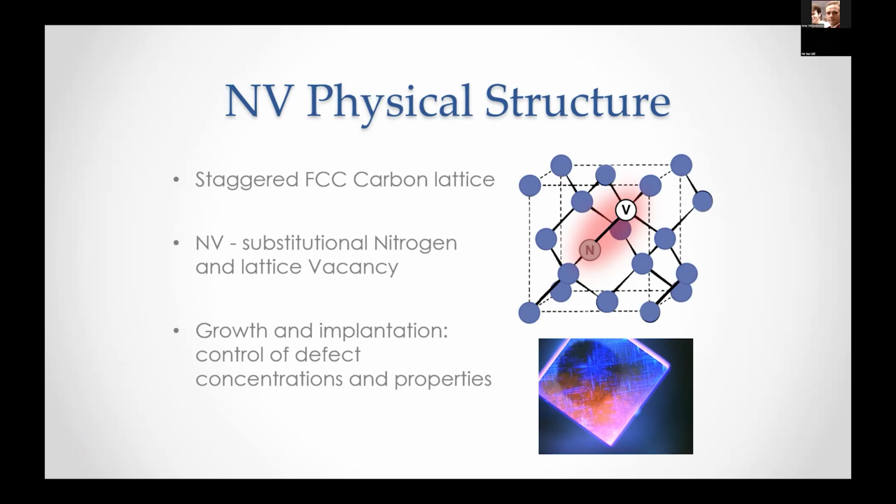So the carbon atoms that appear in the diamond lattice are mostly naturally carbon-12. They have no nuclear spin, which is good for us. Why? I'll tell you a little bit later.